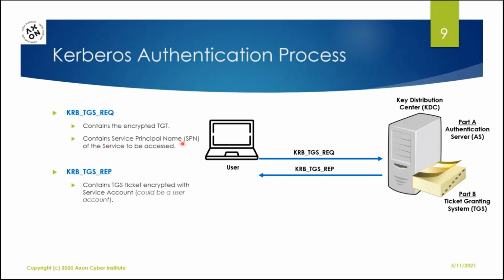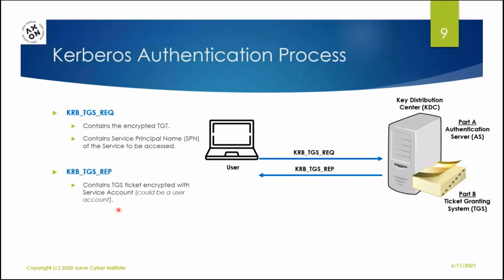So you're gonna say, I want to access SPN, let's say printer on that server, and here is my TGT, and if it is verified, you will get the TGS ticket encrypted with the service account, okay? So this is encrypted not with the user hash, but with the hash of the service that is running the resource you want to access.